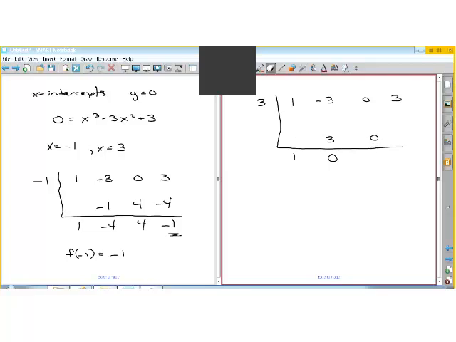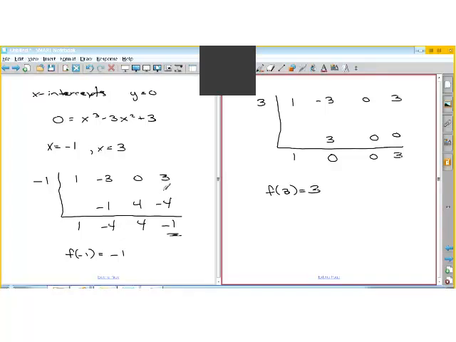You get 0. And 3 times 0 is 0, and so you get 3. Okay. So that actually says that f of 3 is equal to 3. And that's bothering me a little bit. So did I do something wrong here? I would have thought one of them was a 0.